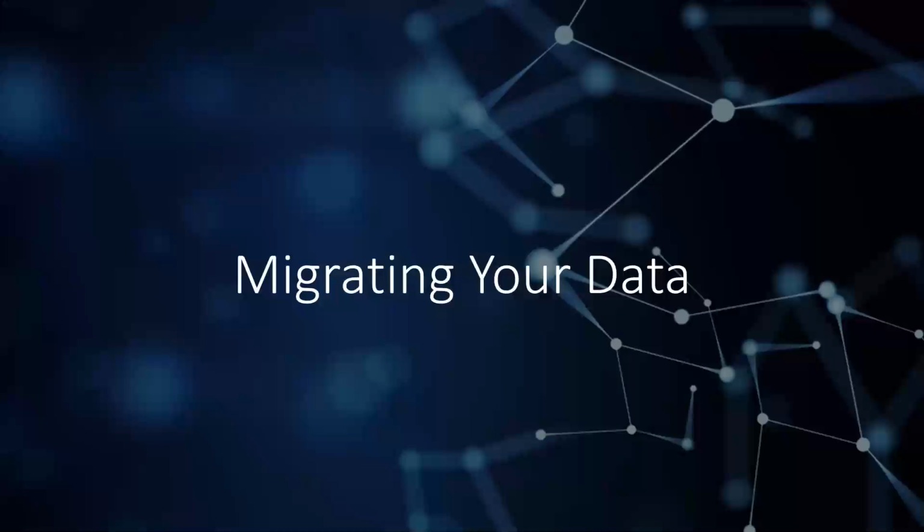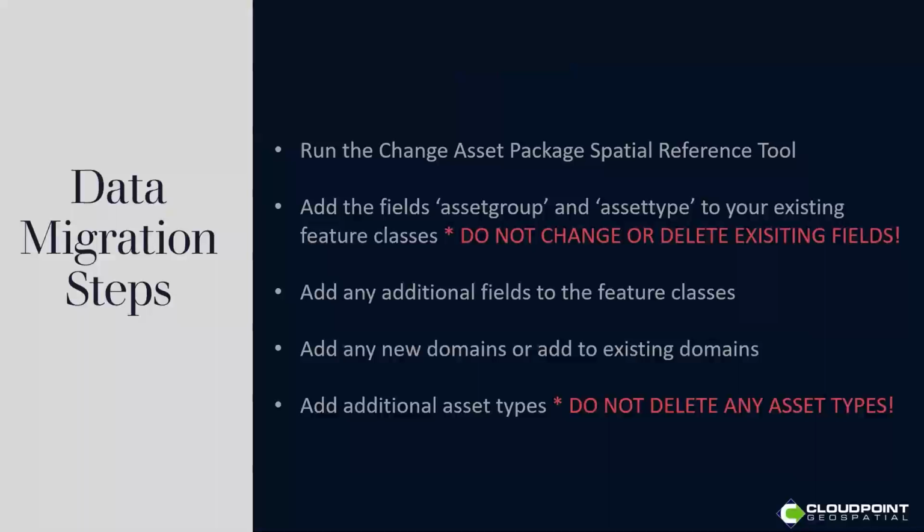So now on to the data migration. The first thing you're going to want to do is run the change asset package spatial reference tool. What this is going to do is create a new geodatabase that models the asset package schema. So now you'll have a blank asset package ready for your data.